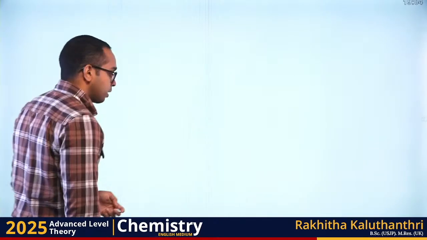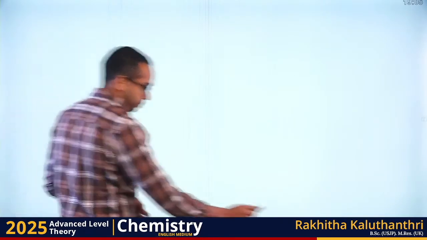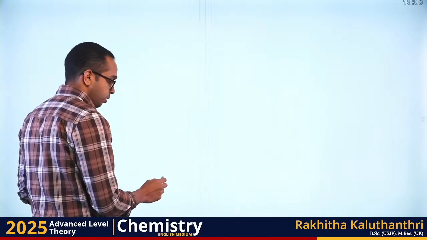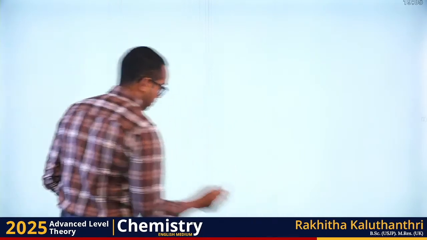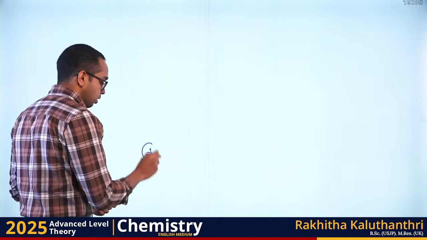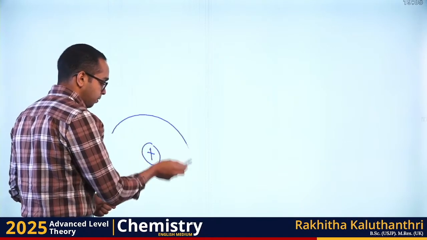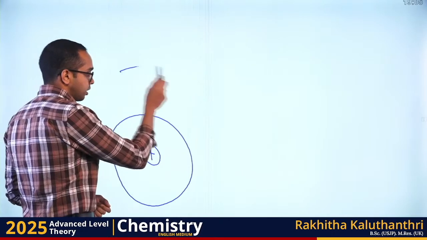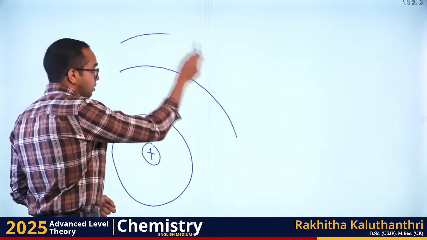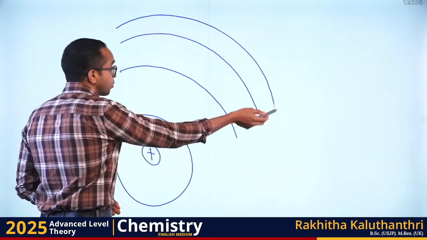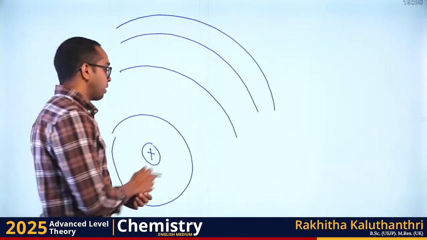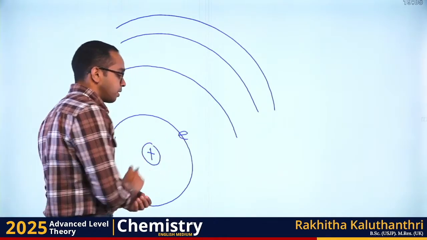If you talk about hydrogen's first electron, imagine this is the nucleus of the hydrogen. You have the first energy level of hydrogen here, and then we have the second energy level, third energy level, fourth energy level, and so on and so forth. There are infinite number of energy levels. Over here, when it comes to hydrogen, we have the first electron here.